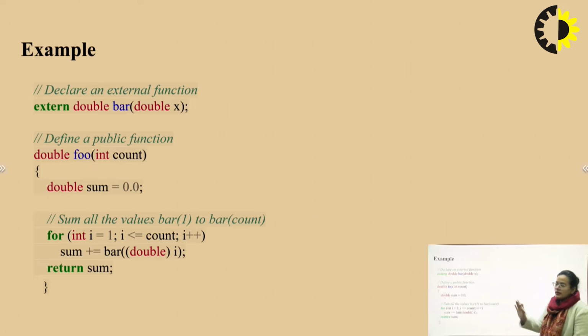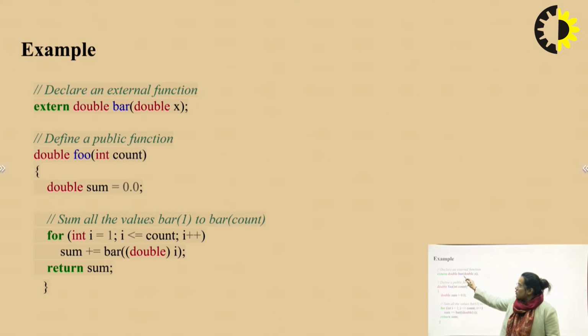So this is an example. bar is an external function and foo is a public function. How can we store information about these functions in the symbol table? Suppose in the symbol table, bar is an external function.